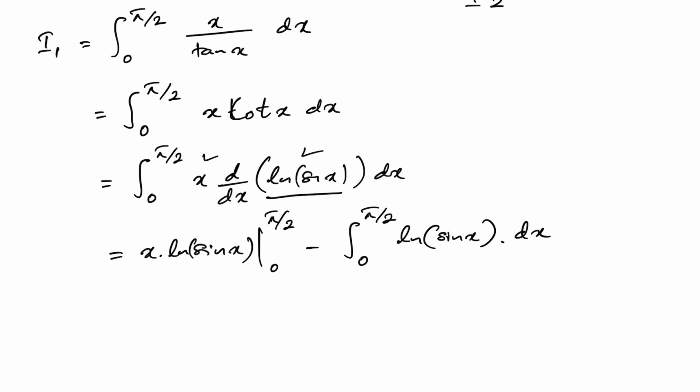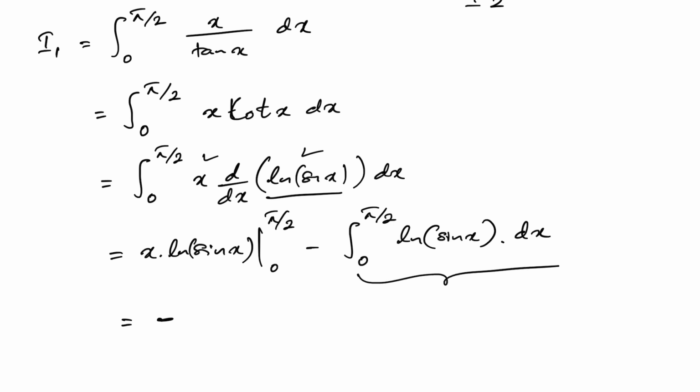Okay, then if we plug in the upper limit pi over 2, sine of pi over 2 is 1, and natural log of 1 is 0. If we plug in 0 at the beginning, it should be 0. Then we have minus the integral from 0 to pi over 2 of natural log of sine of x.